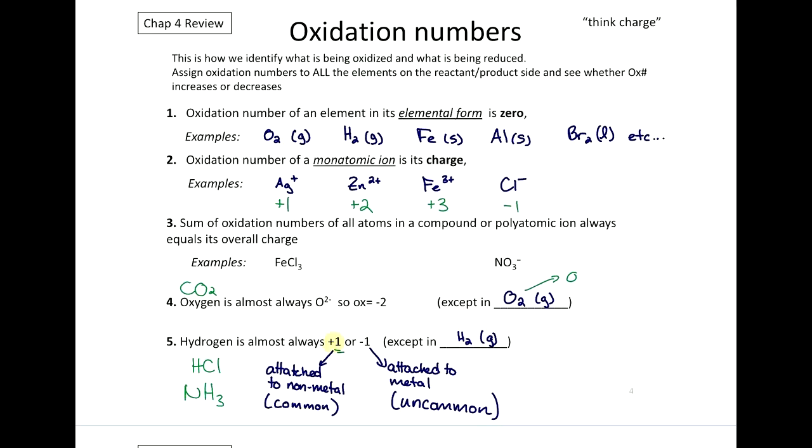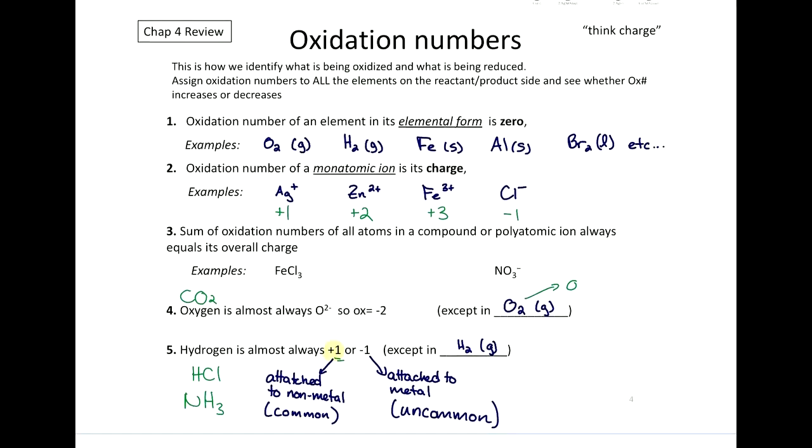Hydrogen will sometimes have a -1 when it's basically acting as the anion, which is very unlikely, but something like lithium hydride or calcium hydride. Those are examples of hydrogen with a -1 oxidation number, because it's acting like an anion attached to a very positive cation. But that's uncommon. We never work with lithium hydride or calcium hydride. We usually see hydrogen with nonmetals.